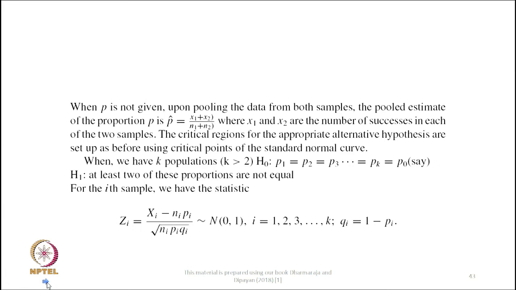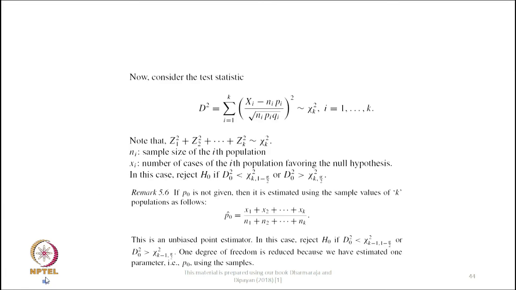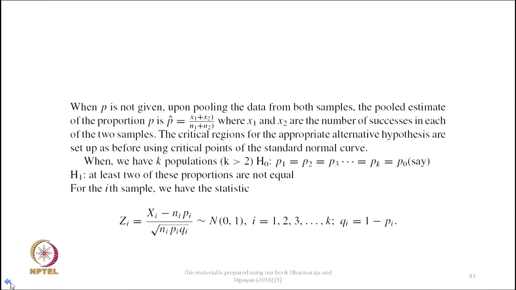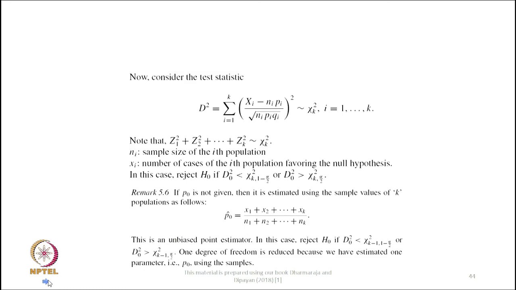You can get the test statistic, which is going to be standard normal for those k proportions, and then your test statistic is going to be the sum of the squares of those standard normally distributed statistics.